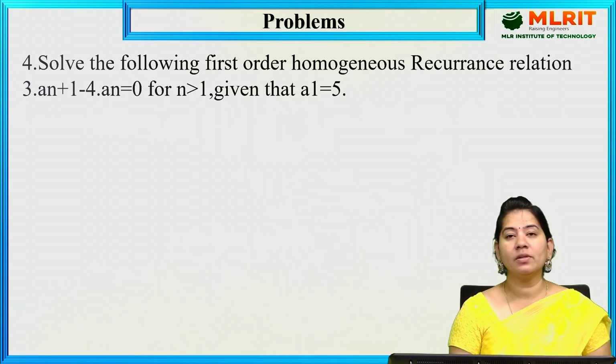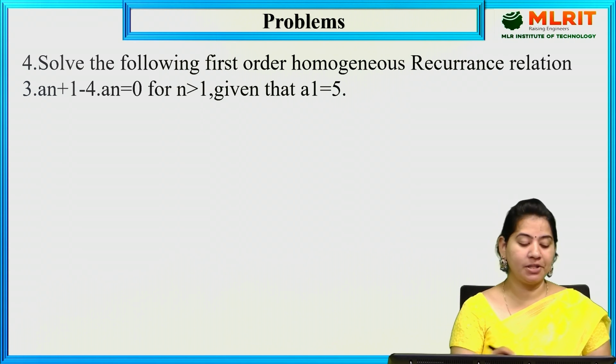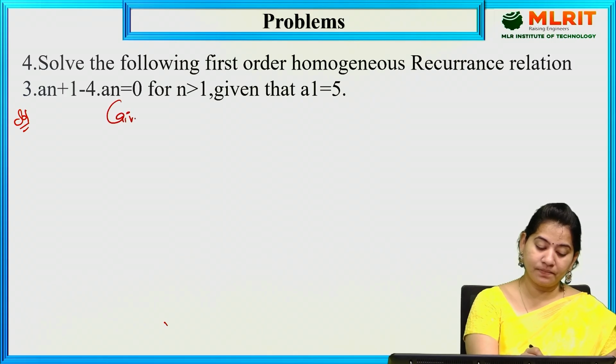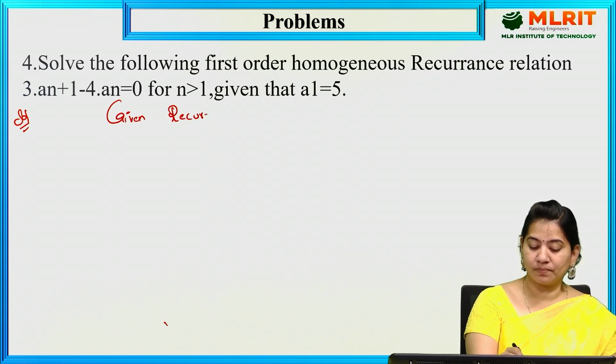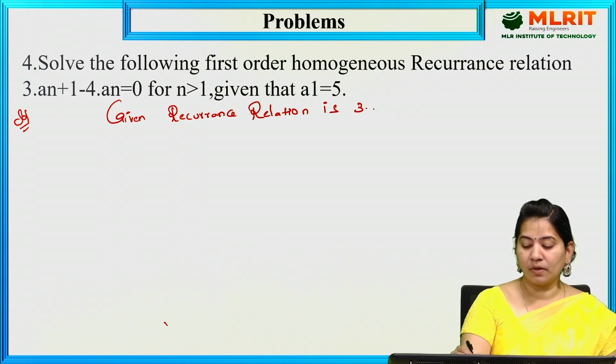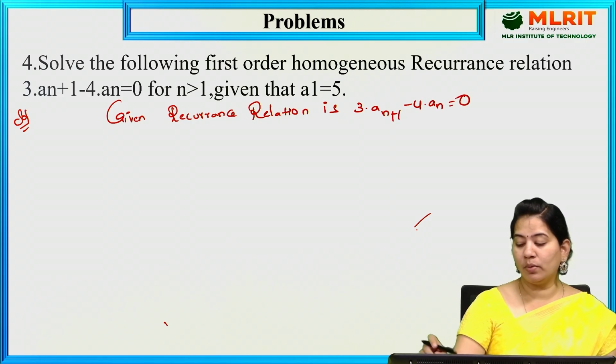So next we also have another problem. This is the last problem in this first order homogeneous recurrence relation. So let us solve this one here. The given recurrence relation is 3 into an plus 1 minus 4 into an equal to 0.